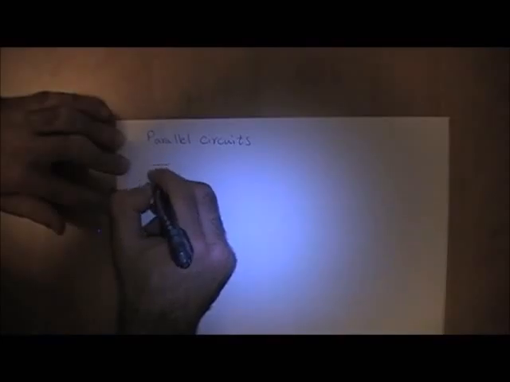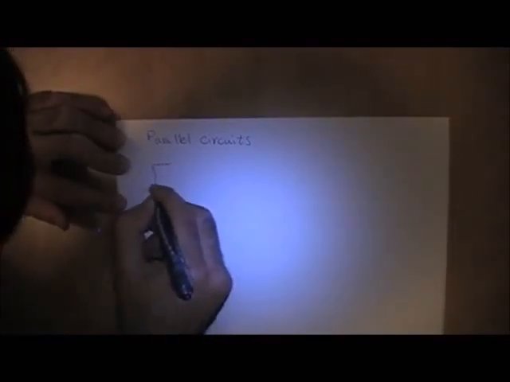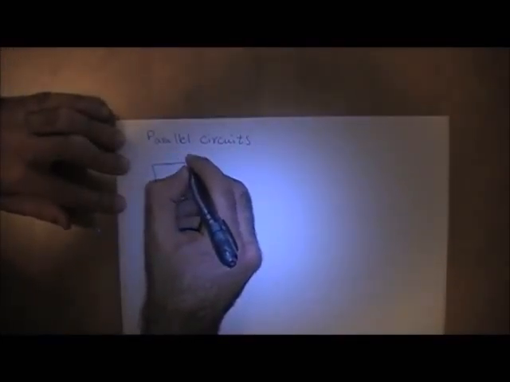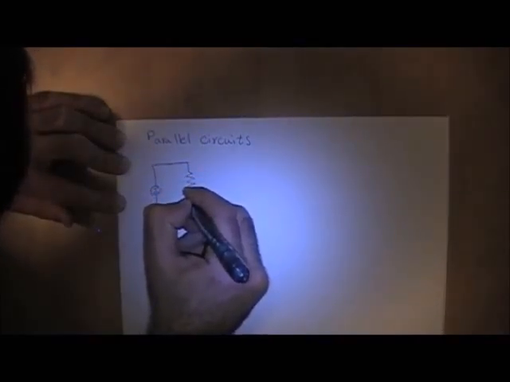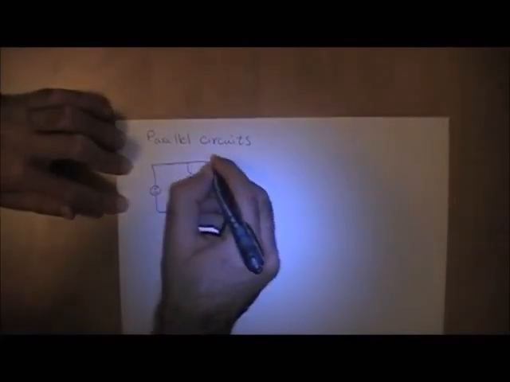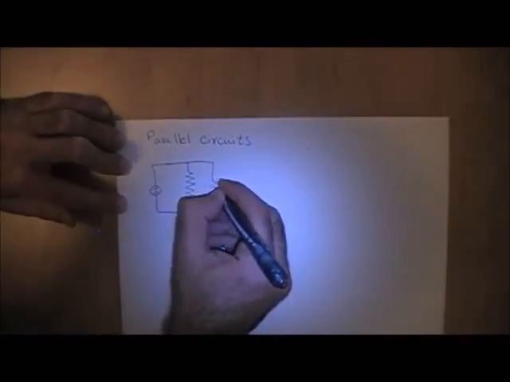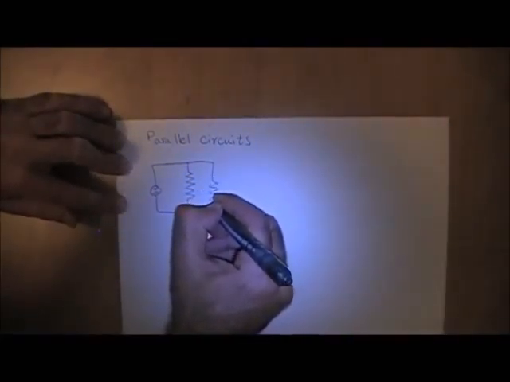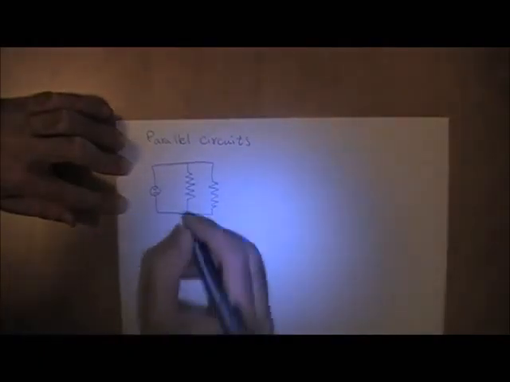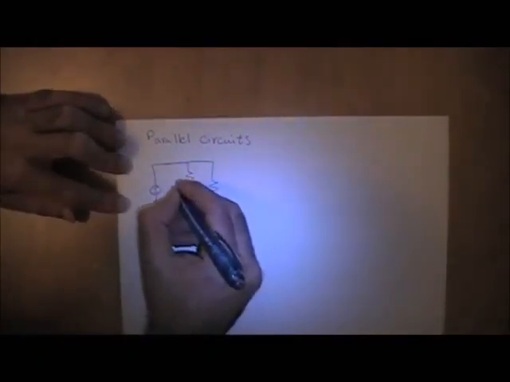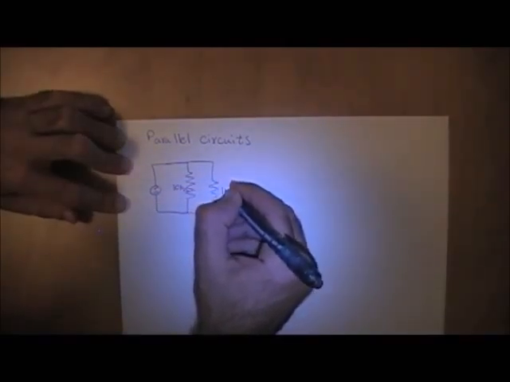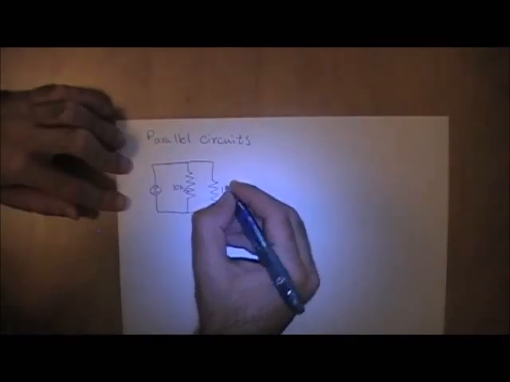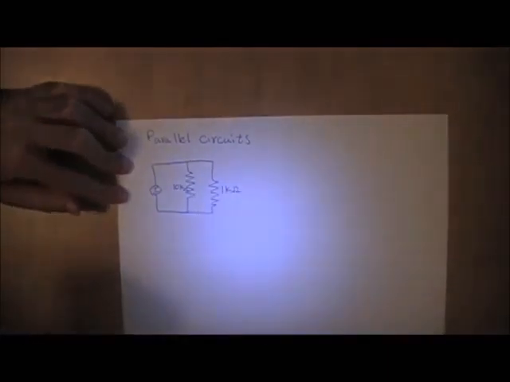Imagine we have a voltage source down here, and then I have my first resistor right here, and my second resistor down here. The first resistor is going to be 10 kilo ohms, and the second resistor is going to be 1 kilo ohm, just like before. But this time they're both placed in parallel.